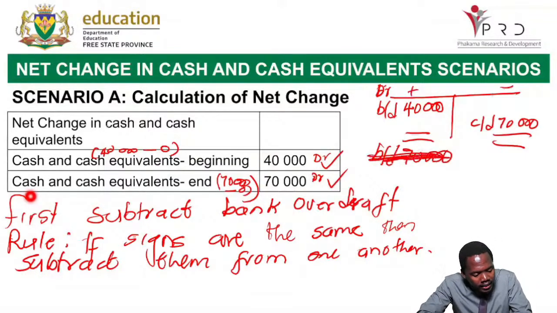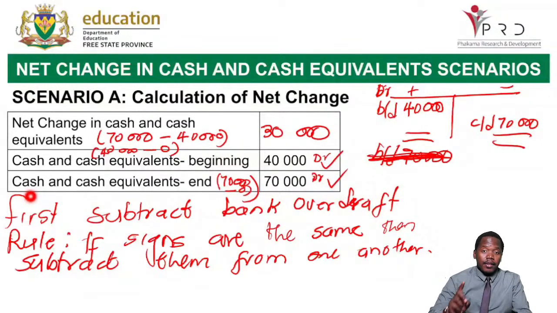Now, how am I getting this now? I would say 70,000 minus 40,000. Then we'll get the answer to be how much here? 30,000. Now, remember this?